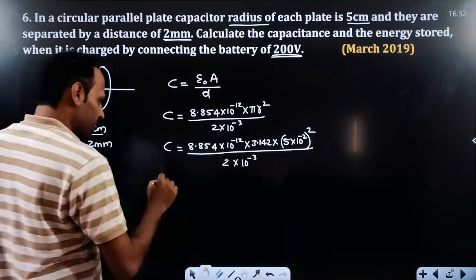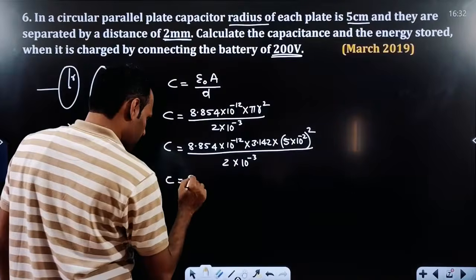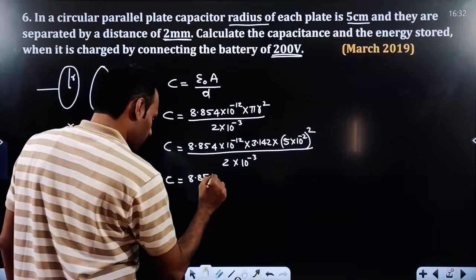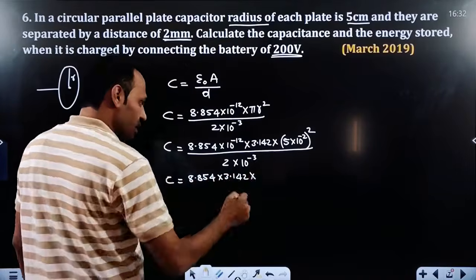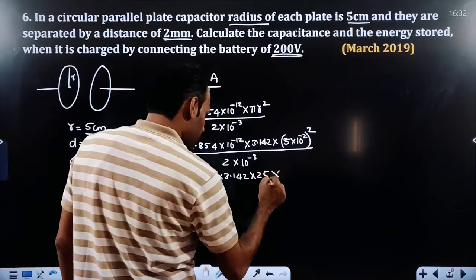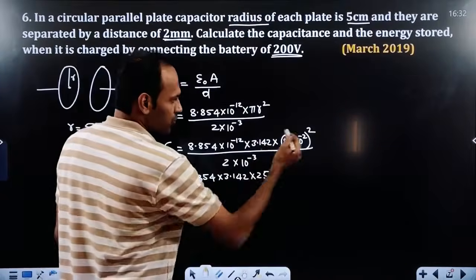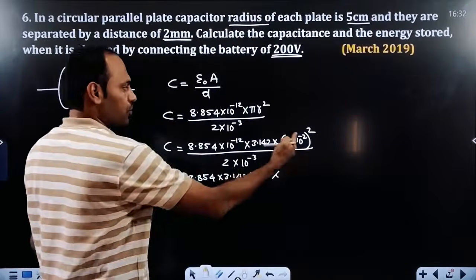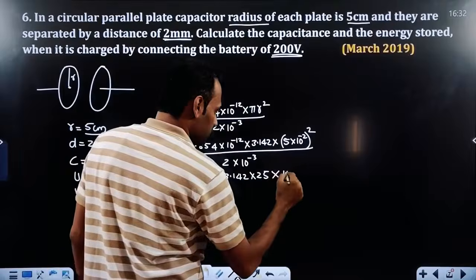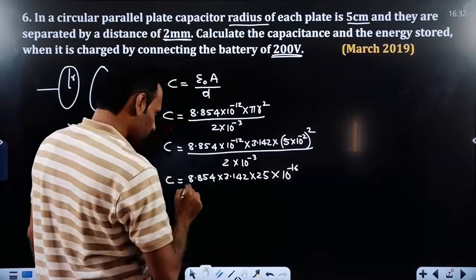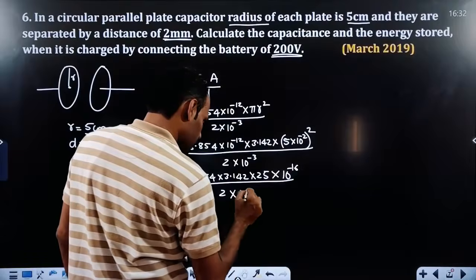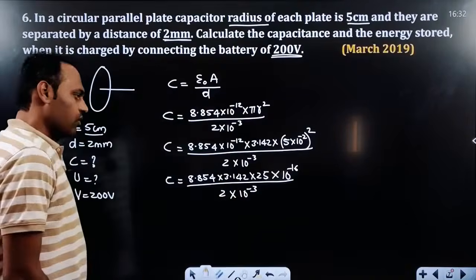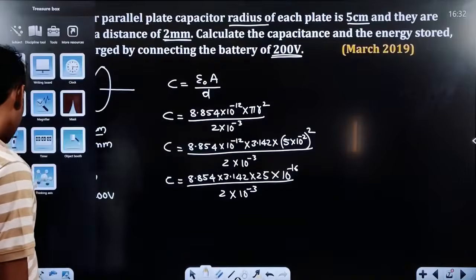This can be written as 8.854 into 3.142 into 25, with 10 power minus 2 into 2 is minus 4, and minus 4 minus 12 is 10 raised to minus 16, divided by 2 into 10 raised to minus 3. Let us calculate this now.